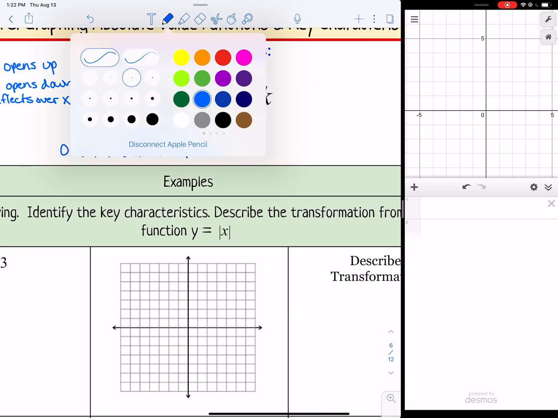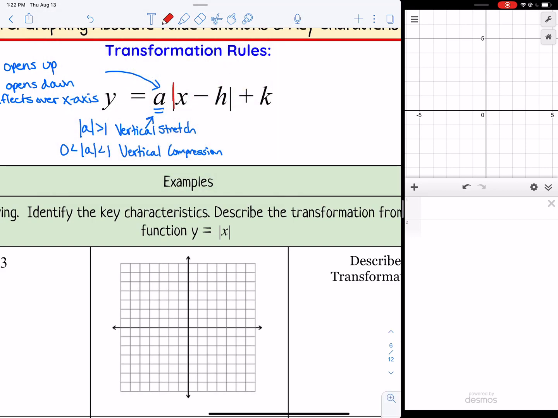For the next transformation rule, let's look at h. So h is inside this grouping symbol, and it will always be considered the one inside of the grouping symbol. It doesn't matter if they call it h or another letter. It's always the one inside the grouping symbol that makes your graph shift left or right.